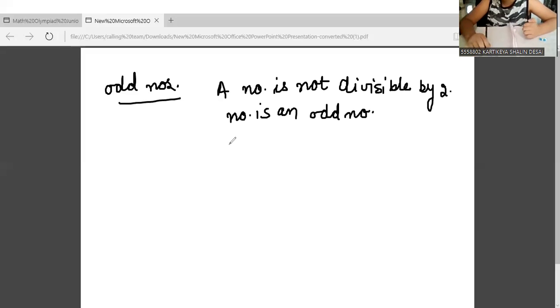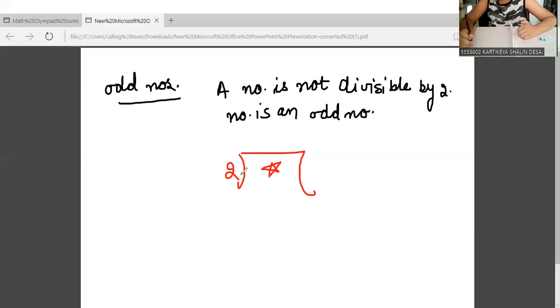Or I also can say that any number can be divided by 2, whatever be the remainder. Now, this dividend is divided by 2, the remainder is 1. If the remainder is 1, then we will call this dividend an odd number. Are you with me, all of you?